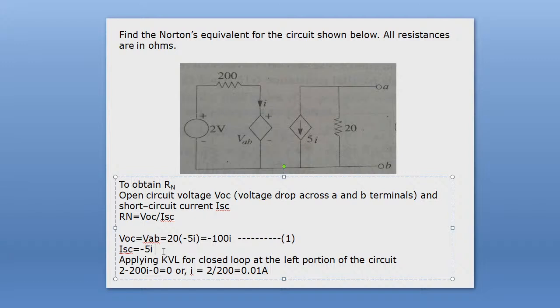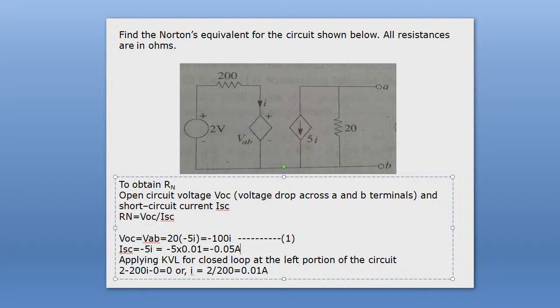Therefore short circuit current equal to minus 5 into 0.01, equal to minus 0.05 ampere.